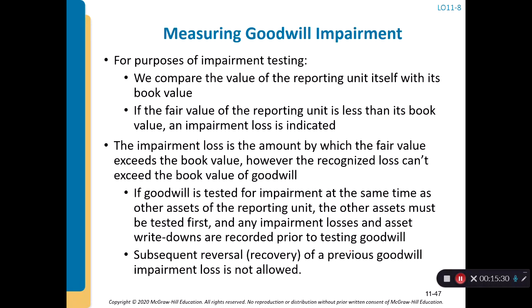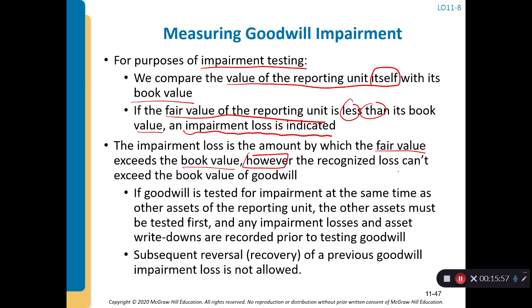And how do we measure goodwill impairment? For the purpose of impairment testing, we compare the fair value of the reporting unit with its own book value. If the fair value of the reporting unit is less than the book value, an impairment loss is indicated. The impairment loss is the amount by which the book value exceeds the fair value.